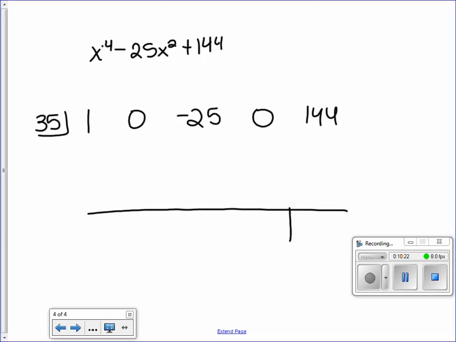Okay, so at 35, I could do this two ways. I could either put 35 to the fourth power minus 25 times 35 squared plus 144, or I can do it like this. So that's 1, that's 35, 35. I put 35 times 35 there, 1,225. So that's 1,200, and I'm up by that times 35.